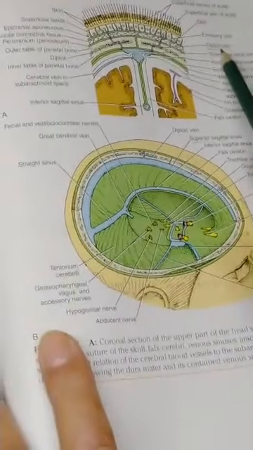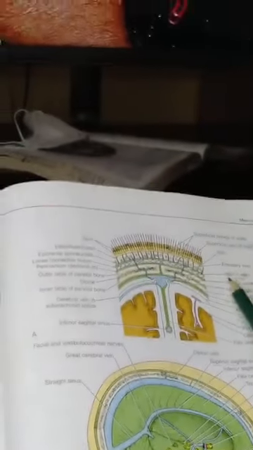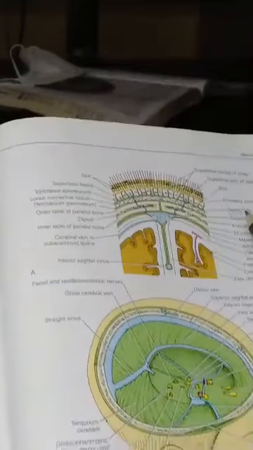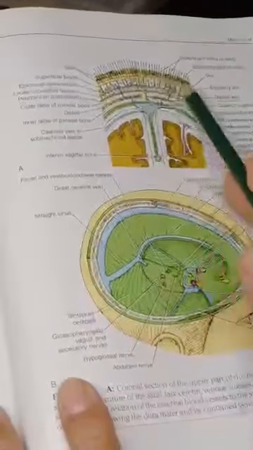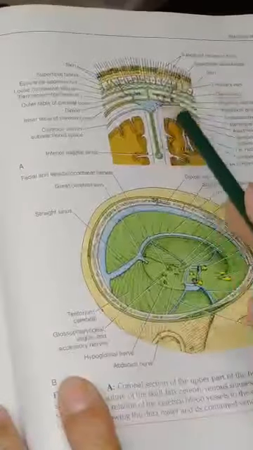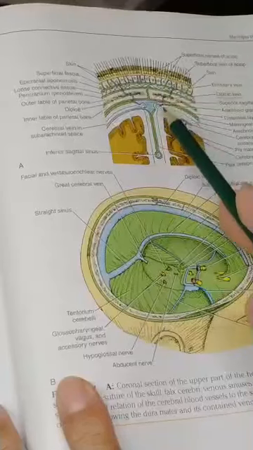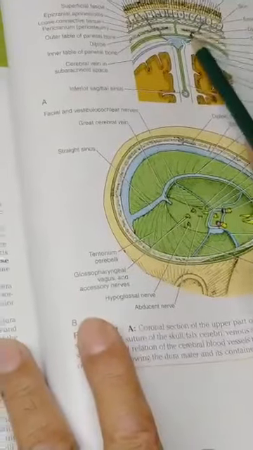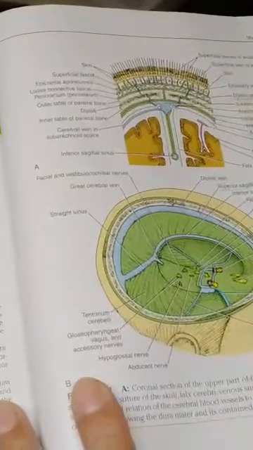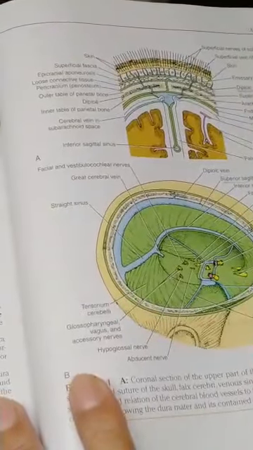There is a clinical importance: massive infection in the scalp can spread into the superior sagittal sinus via the so-called diploic veins.